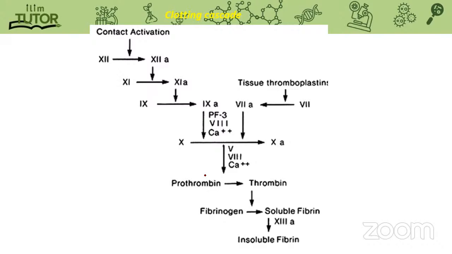So why do we call it a cascade? The reason why it is called a cascade is because you have the activation of a particular compound. Let's say, for instance, this is factor 12A. Once this factor 12 here is activated, it becomes factor 12A, and activated factor 12, or factor 12A, activates this factor 11.